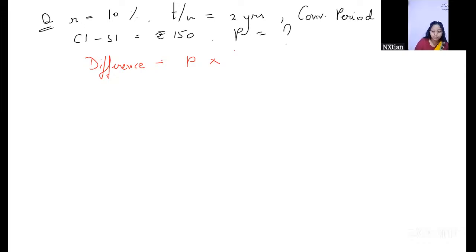The screen is stuck. Am I audible? Yes, but the screen is stuck. It's only showing the difference equals P into.